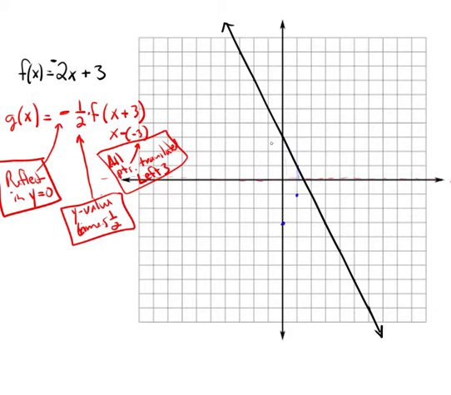A positive 5 going up, because those are my y values, I'm reflecting across y equals 0, so I'm going to go down -5. Notice that I have my slope going in the other direction, so left 1, down 2, left 1, down 2 to the edge, and then I'll continue the other direction, up 2 to the right 1.